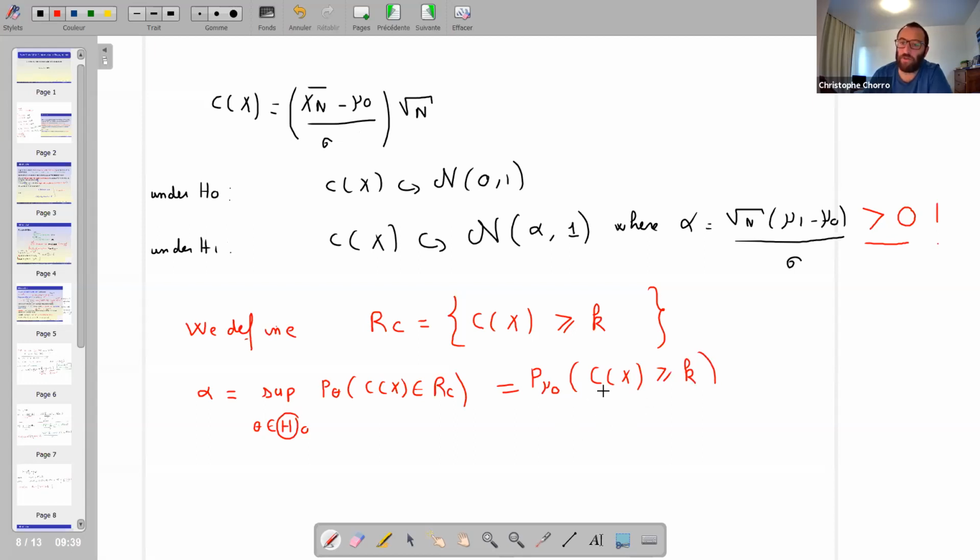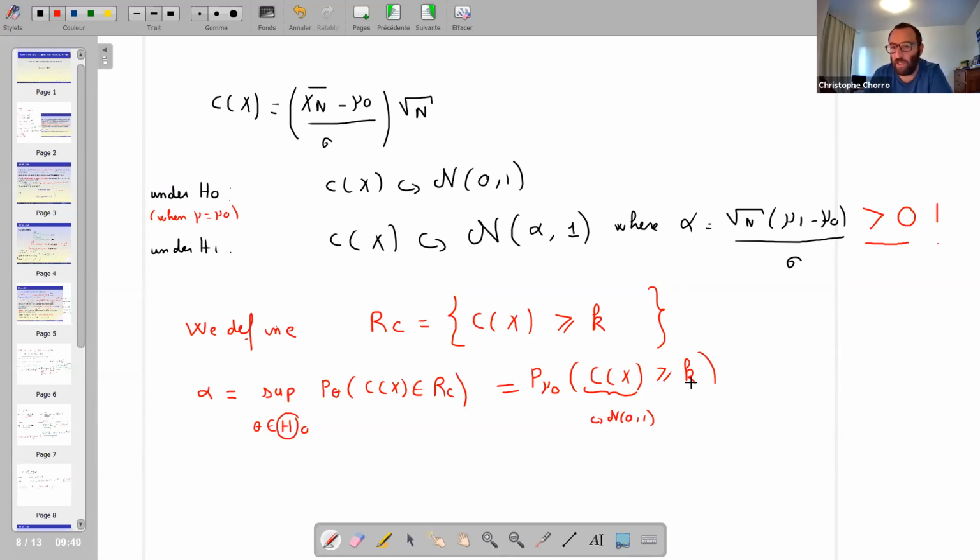But what is this? I know that under H0, that is when mu is equal to mu 0, this follows the N(0,1). So I am able to compute alpha.